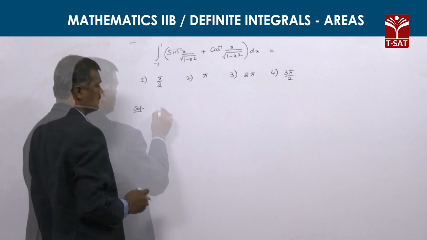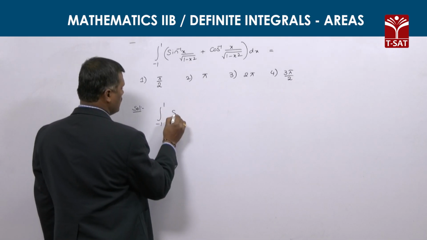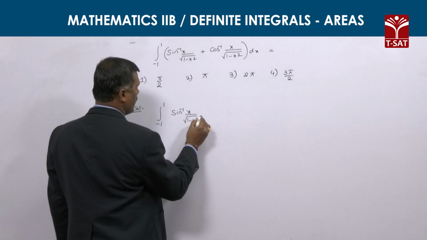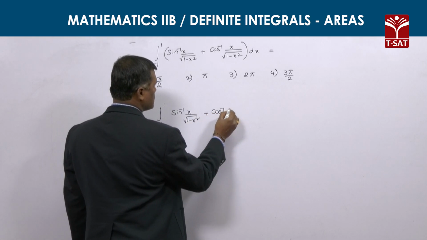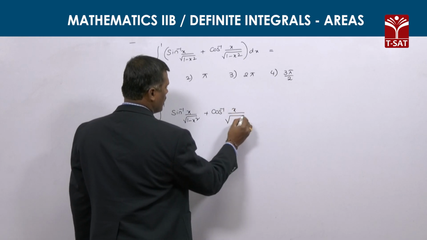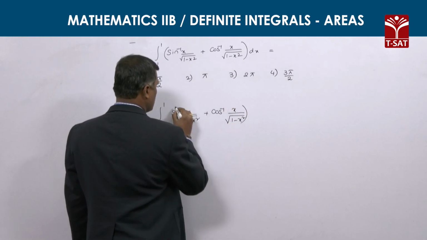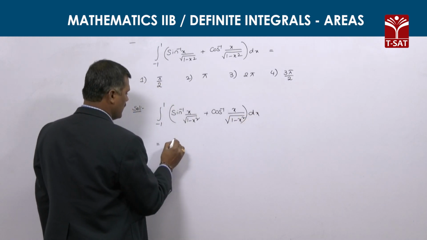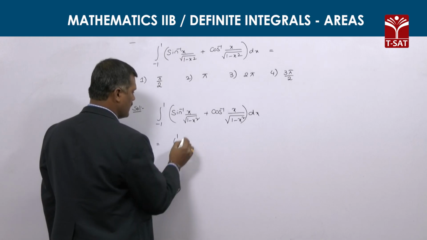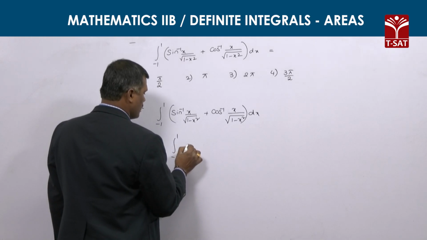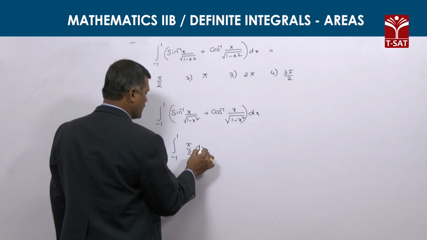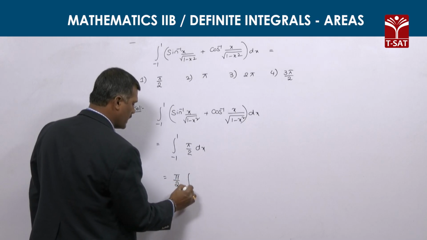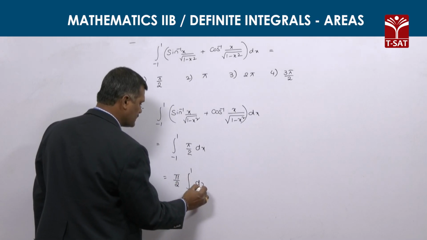Solution: integral of -1 to 1 of sin inverse x by root over 1 minus x square plus cos inverse x by root over 1 minus x square dx is equal to integral of -1 to +1 pi by 2 into dx. Here pi by 2 is constant, taking outside: pi by 2 integral of -1 to 1 dx.